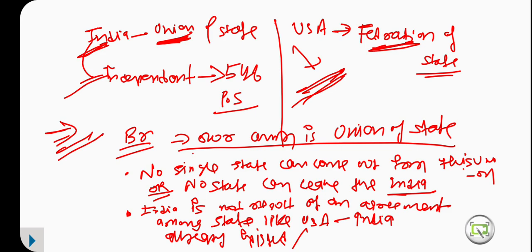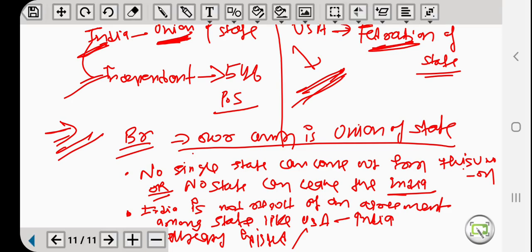In the USA, when some nations became independent, they came together, formed a group, and named that group the USA. But in the case of India, as I have told you, 546 princely states were there. When these princely states became independent, they did not come together and form a group and name the group India.